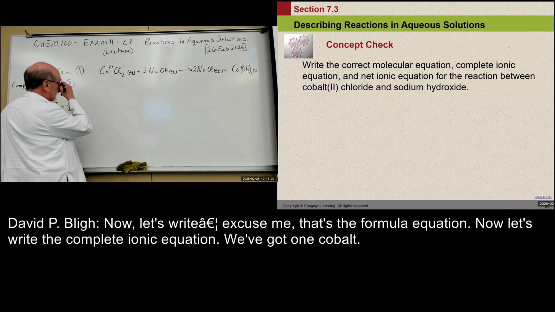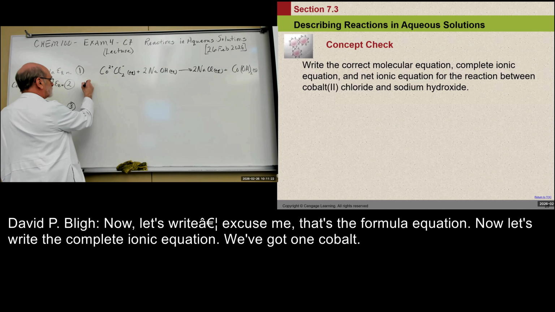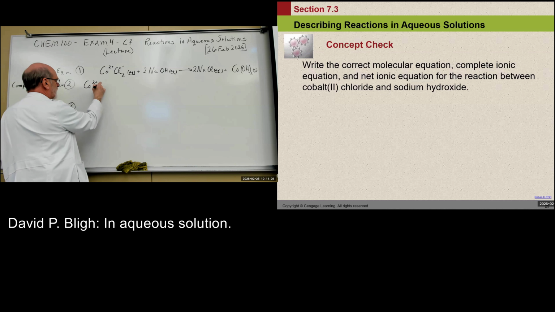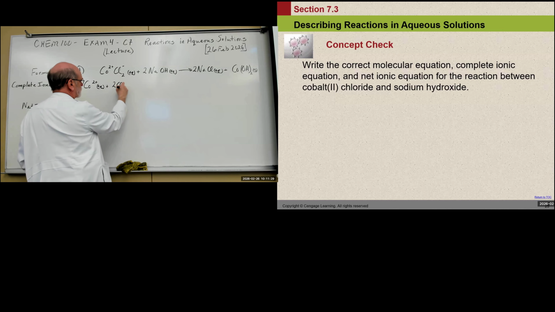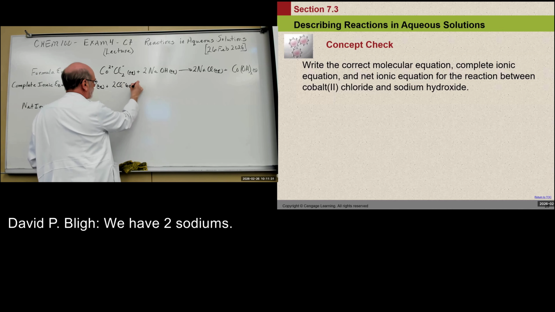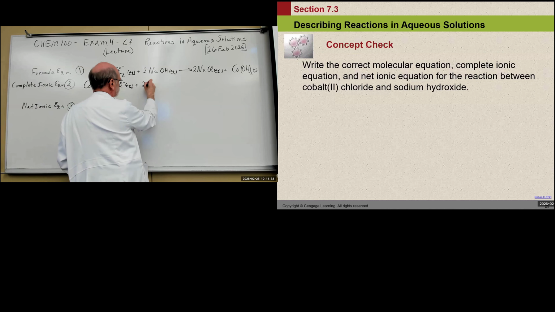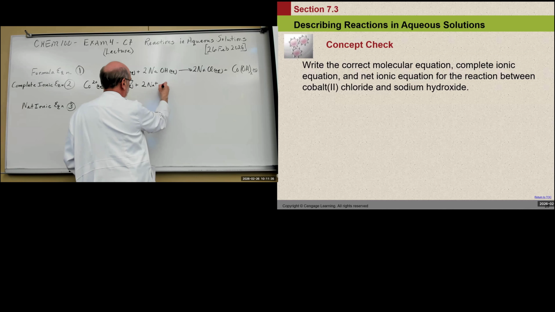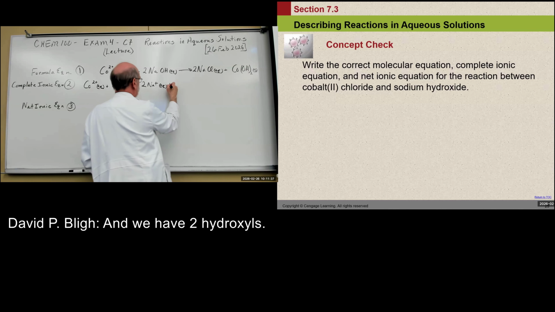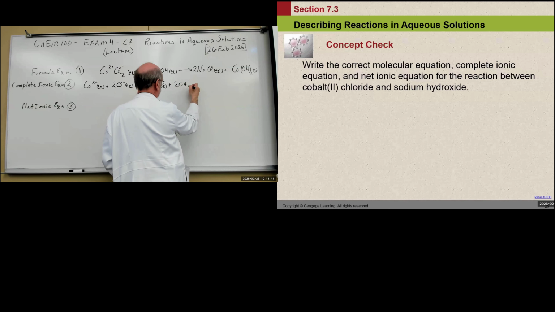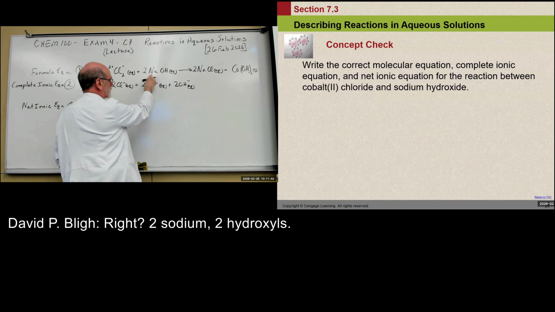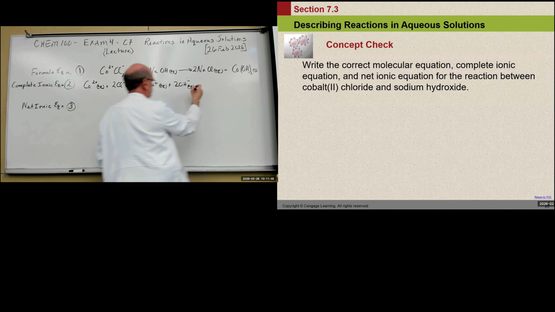Now let's write the complete ionic equation. We've got 1 cobalt in aqueous solution. We have 2 chlorides. We have 2 sodiums. And we have 2 hydroxyls. Right? 2 sodium, 2 hydroxyls.